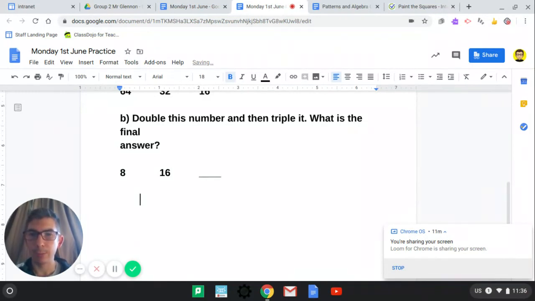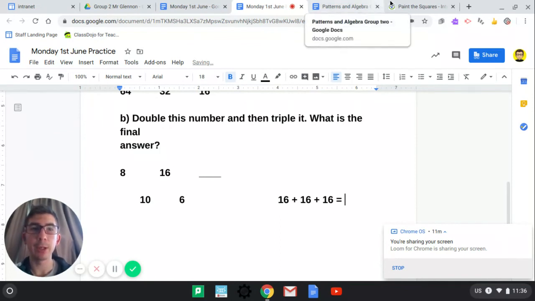And I'm multiplying that by 3. So I can go 3 times 10 plus 3 times 6. And then that will give me my answer. Or I can use my number square and I can go 16 plus 16 plus 16, and that will give me my answer.